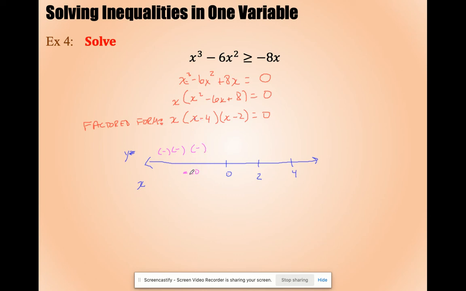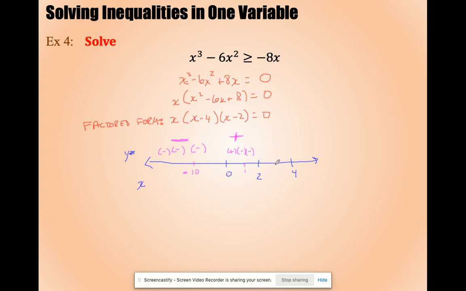What happens when you multiply a negative times a negative times a negative? Choose a number like 1. I will end up with a positive times a negative times a negative.